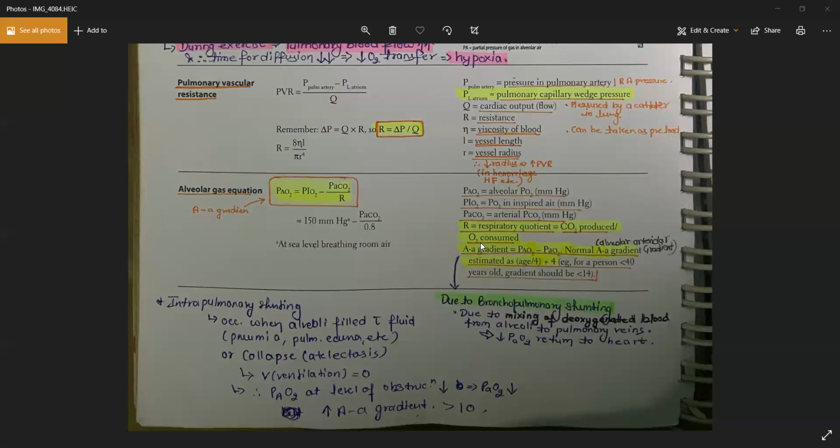They will ask you if this is normal or not. If this is normal, the question is over. If this gradient is too much, then they can ask you about the cause, and by looking at the patient history, you will know what is causing this AA gradient.